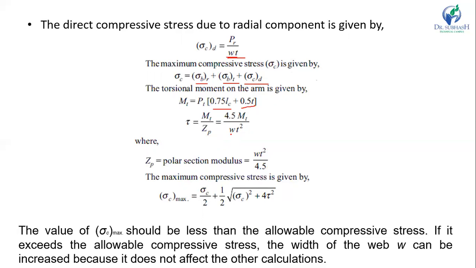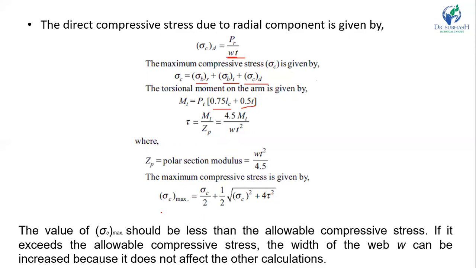So put the value here: tau is 4.5 MT by WT square. Therefore sigma C maximum is given by sigma C by 2 plus 1 by 2 root of sigma C square plus 4 tau square.